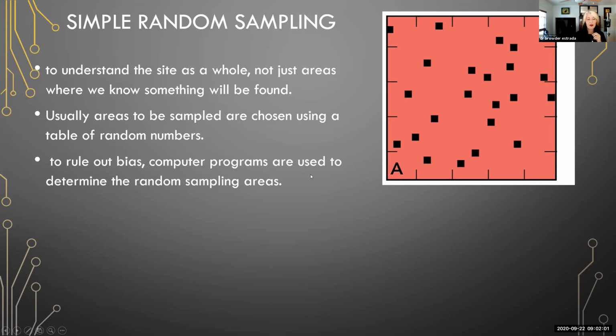So the computer runs out and tells you the addresses of where within that zone the samples are going to be taken, not a person, because even though people sometimes say that they're not biased, the truth is, and I know lots of you have already learned this in other courses too, there isn't any way for a human being to not be biased. Even our ability to notice things in nature is built in to things that happen as we're growing up, to our own experiences and so forth.